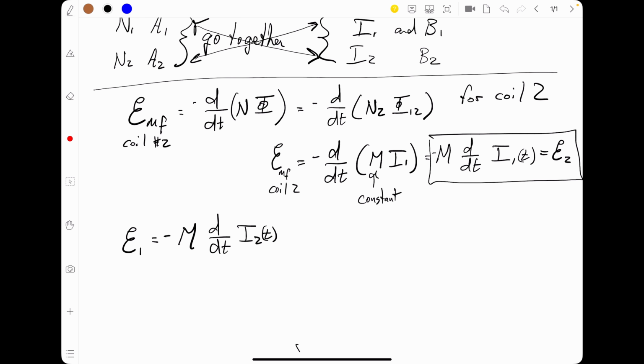And now we've got E1. Pretty easy. It makes a lot of things nice. We can see what that EMF is generating current in each of the coils. All right.